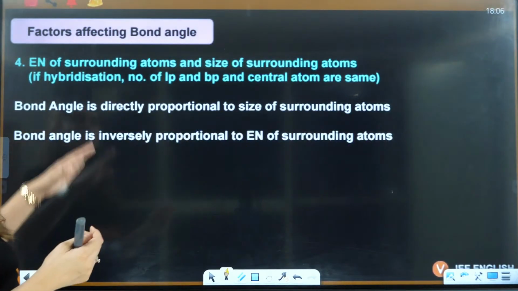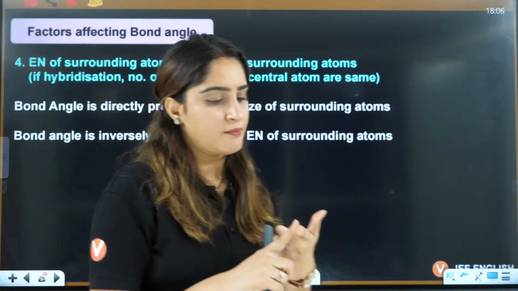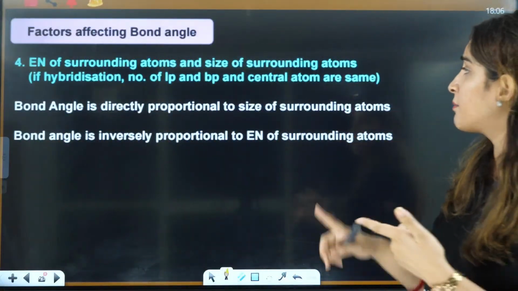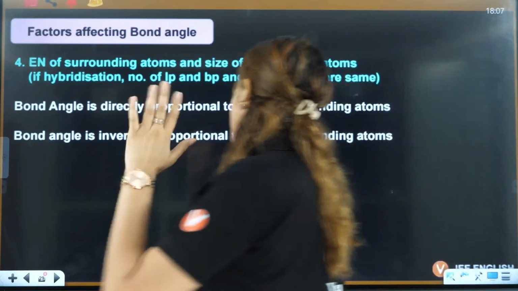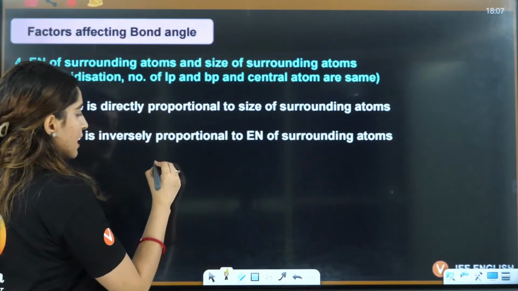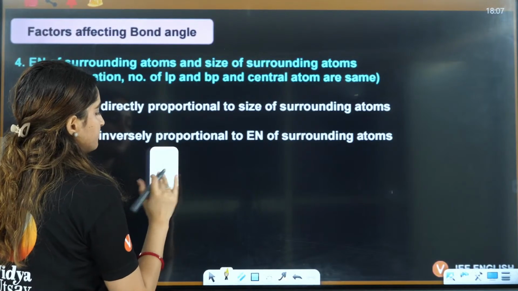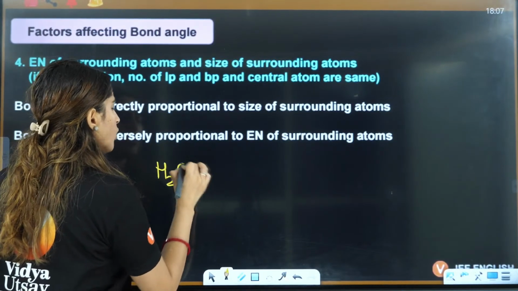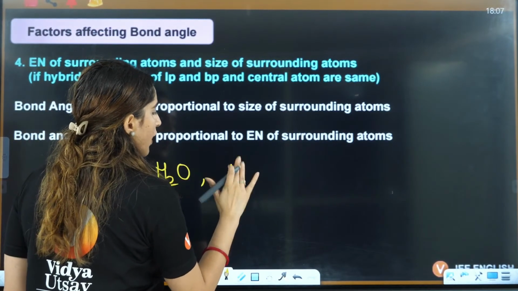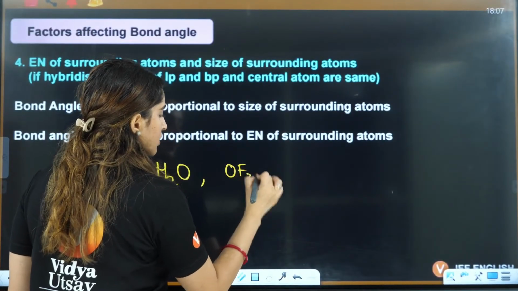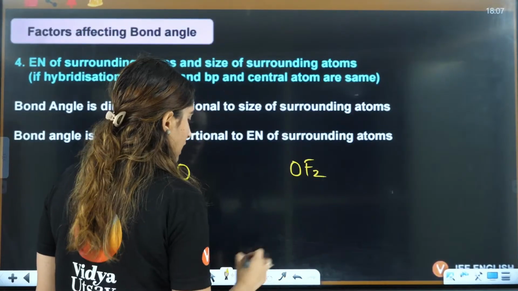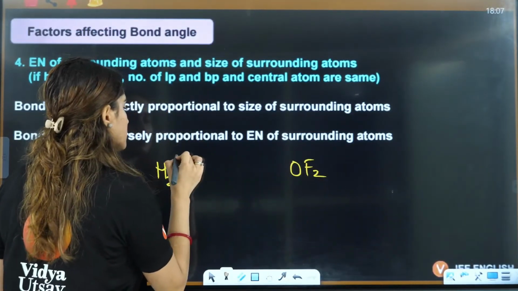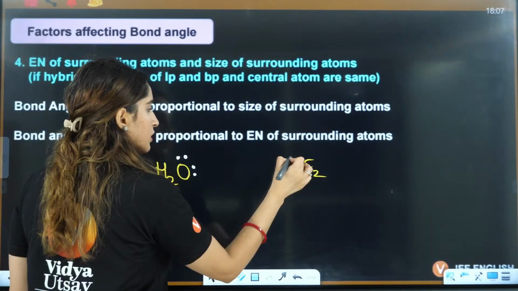Now next is, when hybridization is same, number of lone pairs are same, number of bond pairs are same, and the central atom is also same. For example, you have H2O, then you have OF2. Here this is the lone pair, right?